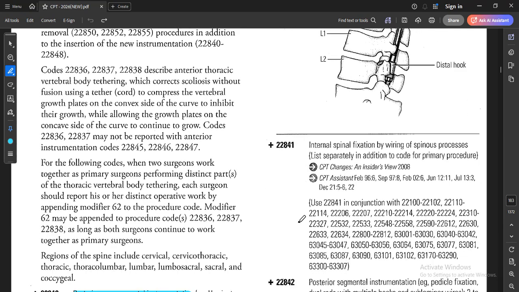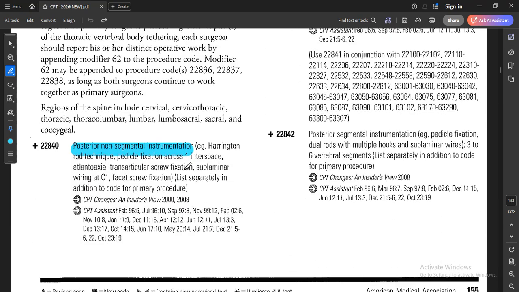Next, posterior non-segmental. Here the surgeon places instrumentation on the back side of the spine. Your keywords are Harrington rod, pedicle fixation across one interspace, sublaminar wiring, facet screw fixation.